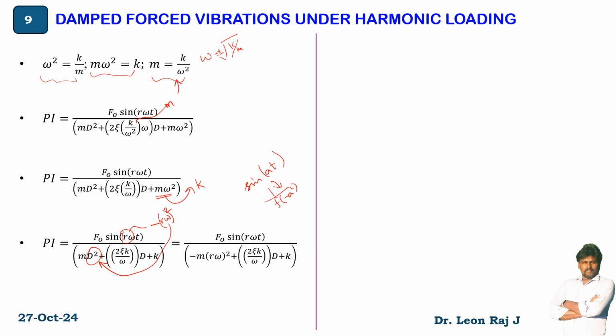So f0 sine r omega t divided by minus m r omega whole square plus 2 xi k divided by omega into d plus k.